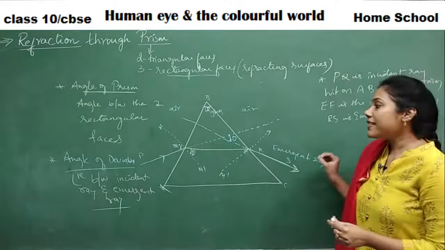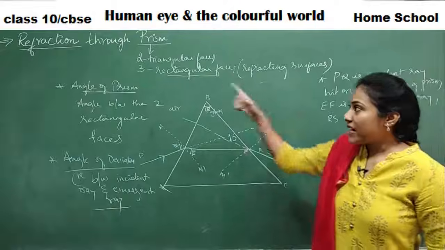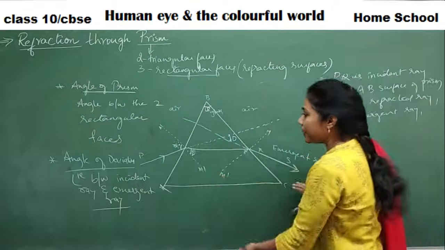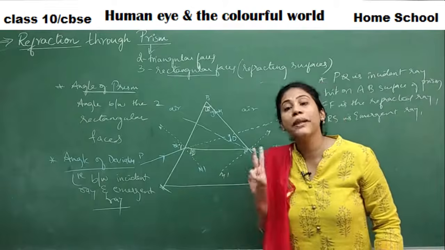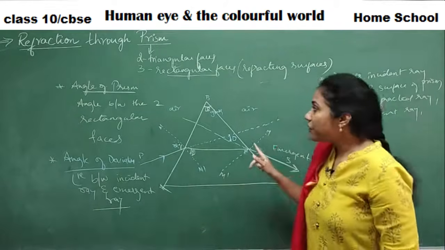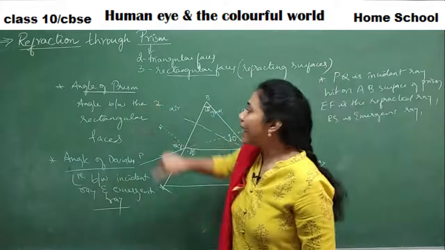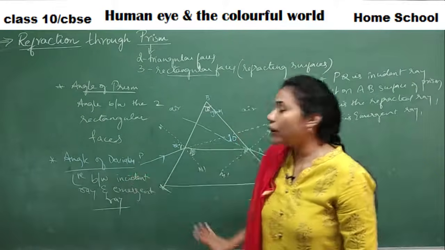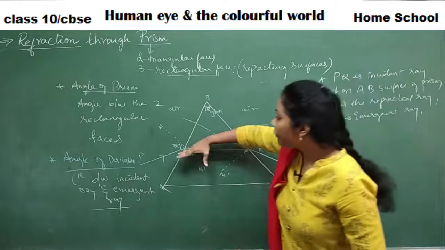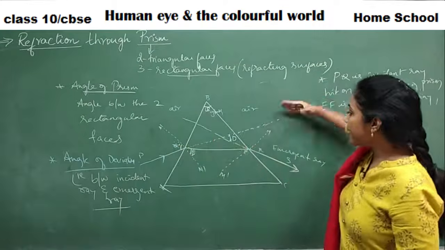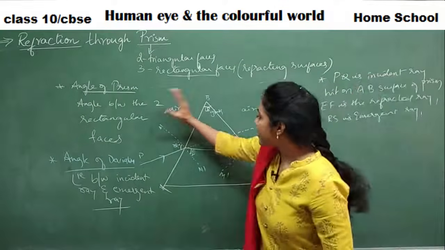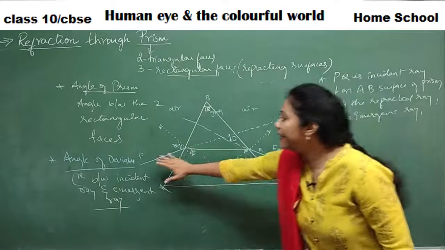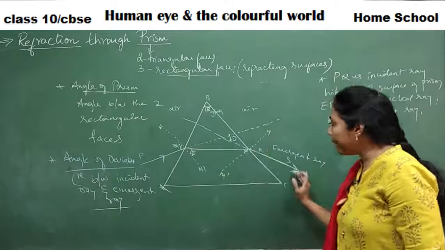Okay, so this is the main concept of studying refraction through prism. You must know how to draw this diagram, and you must know two important definitions here. First one is, what do you mean by angle of prism? Second one is, what do you mean by angle of deviation? Right? If the incident ray is extended like this and emergent ray has extended like this, you will get to know to how much extent the light ray that has hit has bent.